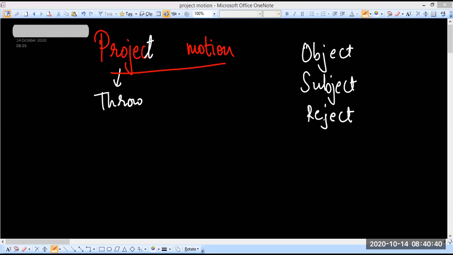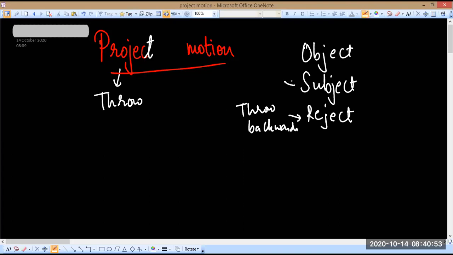So originally in Latin, reject means throw backwards, subject means throw downwards, right? And object means anything that you are throwing.